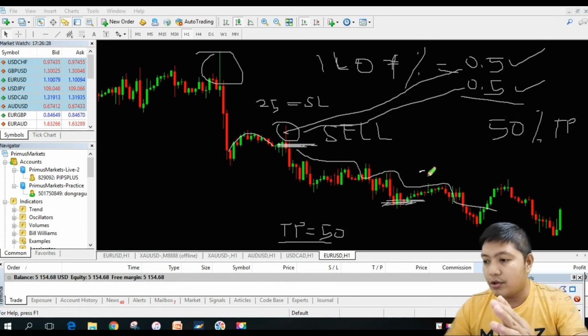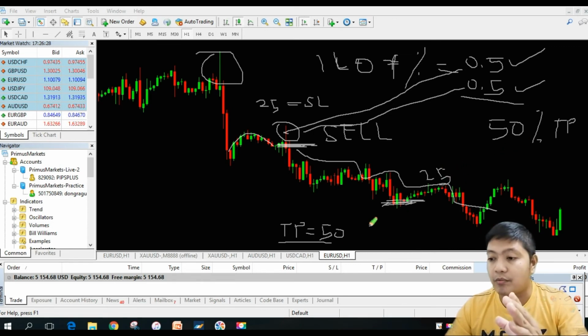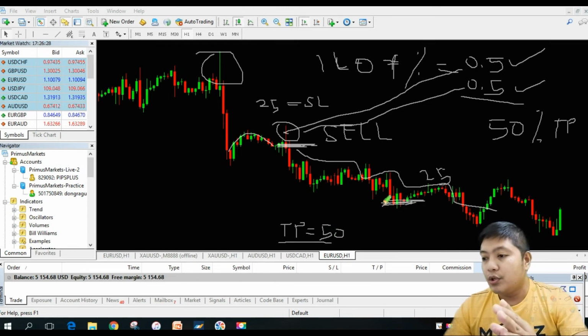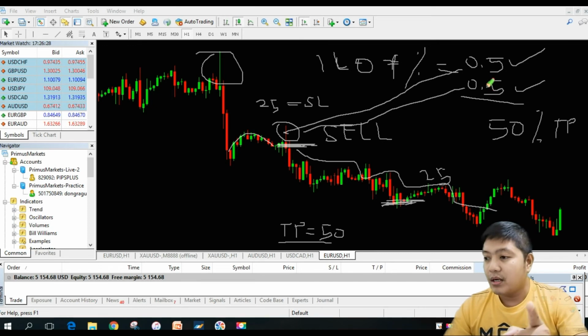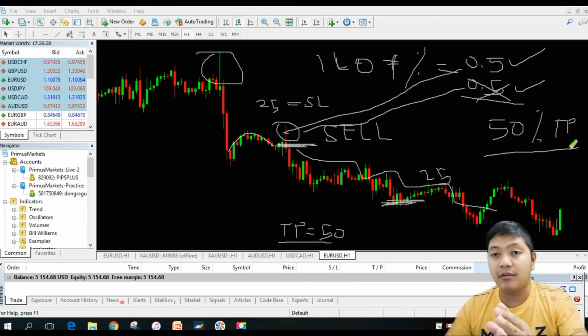So you already hit 25 pips. The moment you hit 25 pips, 50% of your TP, you close one of the orders. So bear in mind, just close one of the orders, and then you already have a profit of about 50% of your trade.